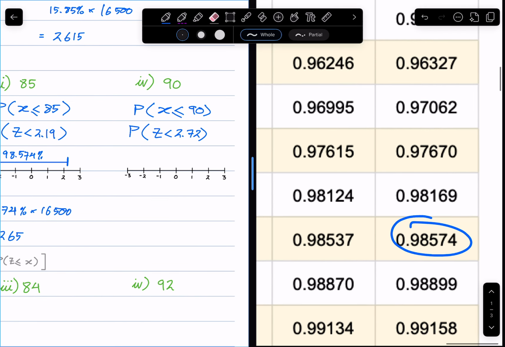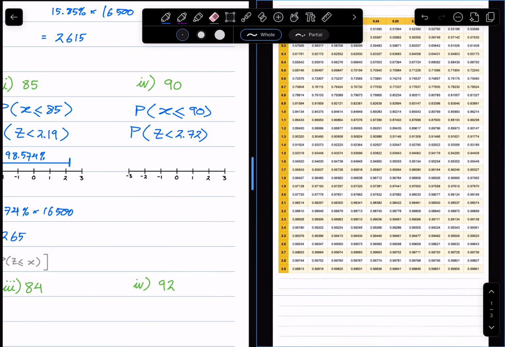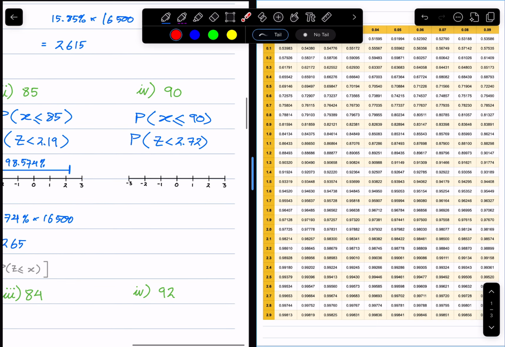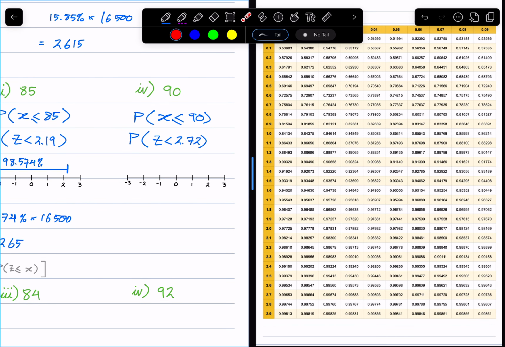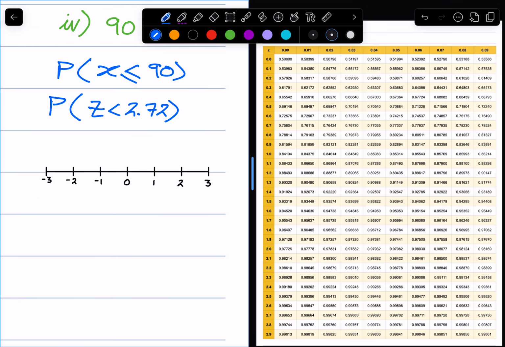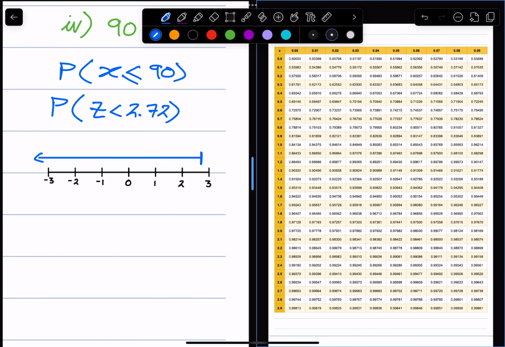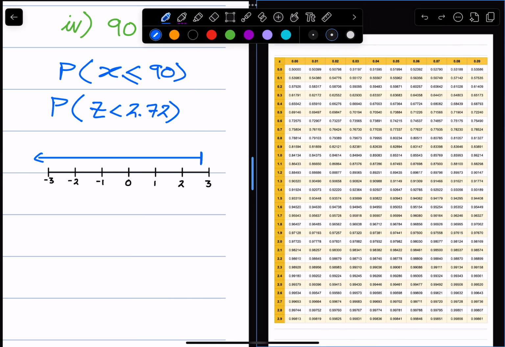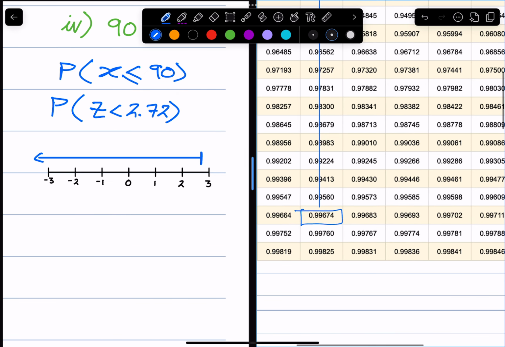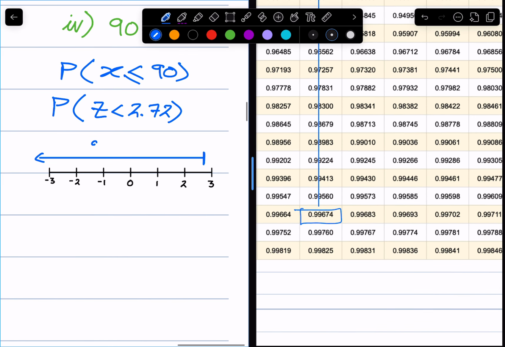Okay, you can go ahead and try this last one yourself. We're now looking for a Z-score of 2.72 and below. So if we were to graph that here, 2.7 would be close to here, and everything below it. So what percentage of students are below that? So 2.72, using our table here, this one needs a little bit more work, is right there. 0.99674, which is 99.674%.